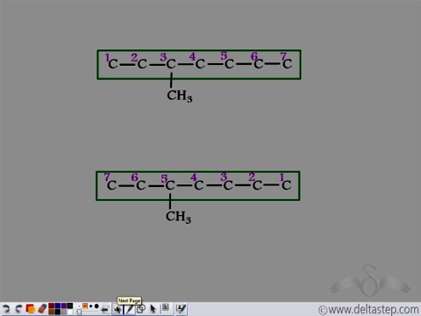If we number this from the left, our methyl group is attached at position number 3. So this becomes 3-methyl. If we number it from the right, the methyl group is attached at position number 5. So this becomes 5-methyl.